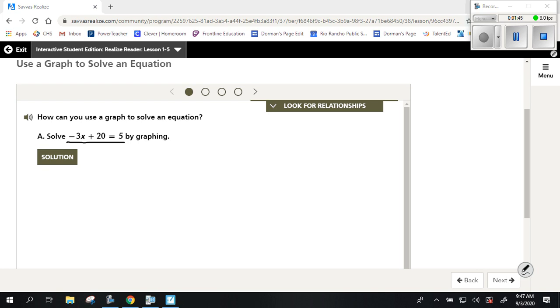To do that, I have to break this up into 2 different equations. The one on the left side I'll turn into an equation we can graph, and the one on the right side is simply y equals 5. We're going to graph those 2 things using some graphing technology, and then find the intersection.